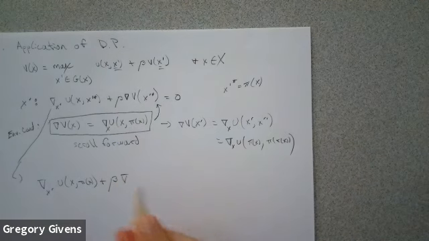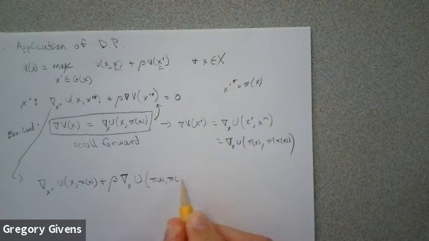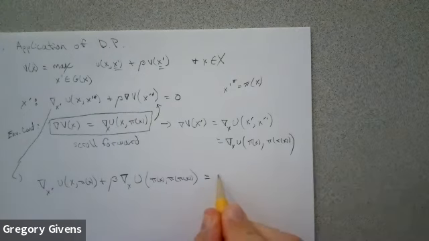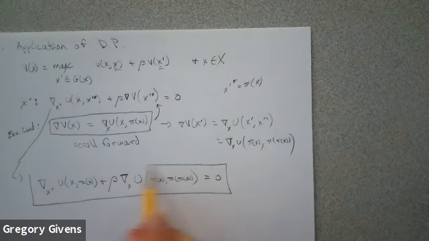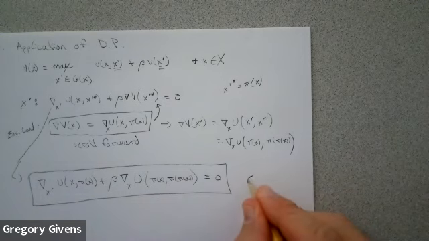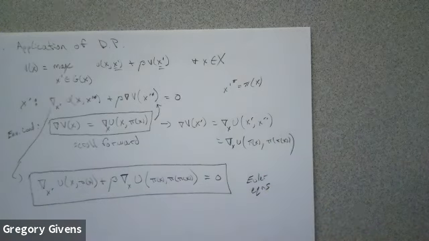Well, that's just the gradient of the utility function with respect to the first argument evaluated at pi of x, pi of pi of x. That is equal to 0. These are the Euler equations of the model. And we've eliminated the unknown value function from the first order condition.